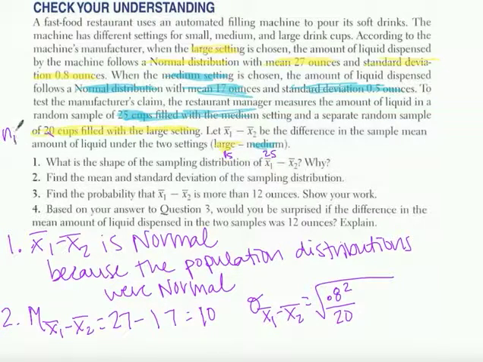For n2, which was my mediums, I'm choosing 25. Then I add to that the mediums. The medium had a standard deviation of 0.5, so I square it, and then I put it over 25 because that's the number that was in my sample. Whenever you do that, you get 0.205 ounces.